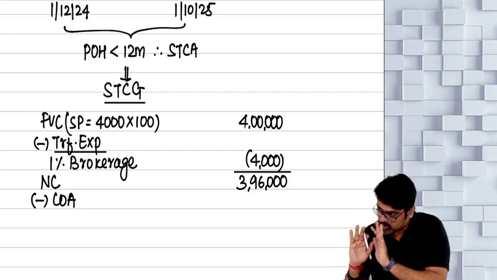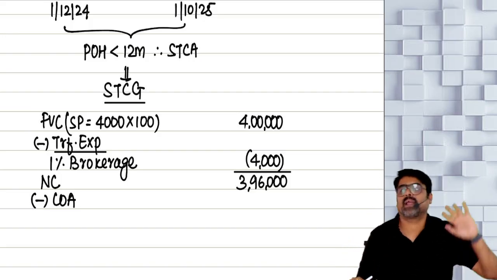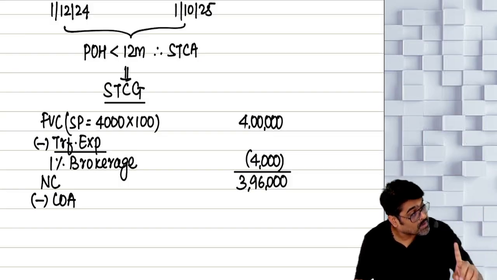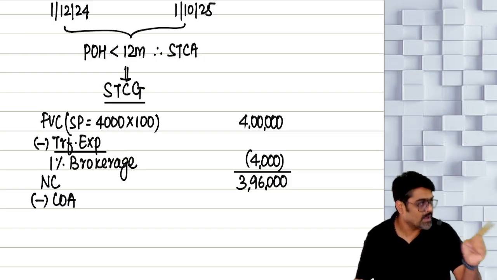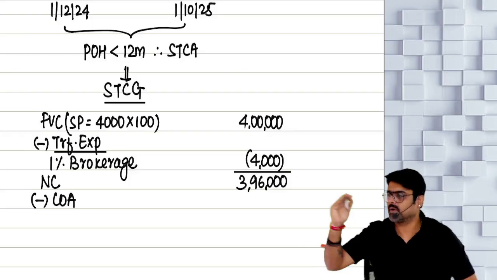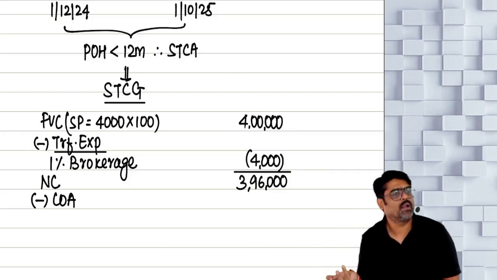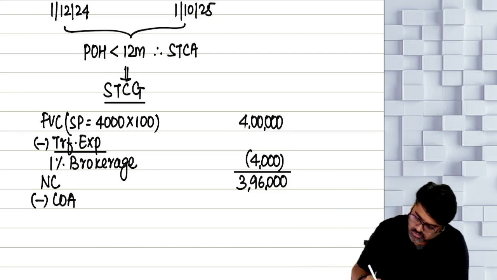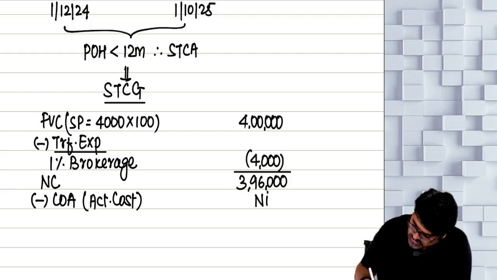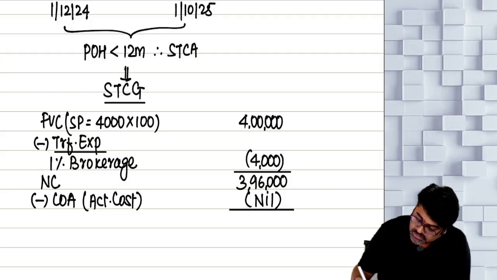So whenever you calculate short-term gain, 55 to AC is not applicable. 55 to AC is applicable only if you calculate long-term gain under section 112A. Are you calculating long-term gain under section 112A? 55 to AC is not applicable. And what is the cost of bonus shares? Nil. Actual cost. Yes or no? So you are going to take actual cost only as the cost of acquisition, which is nil. So tell me how much? 3,96,000.